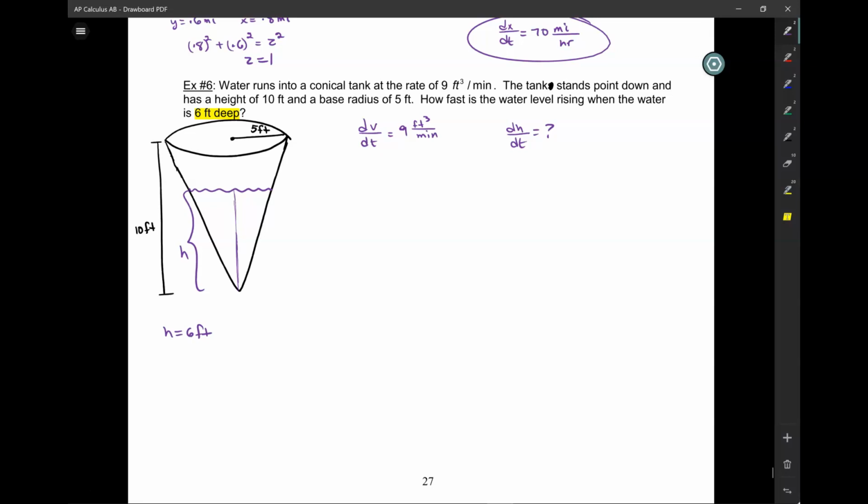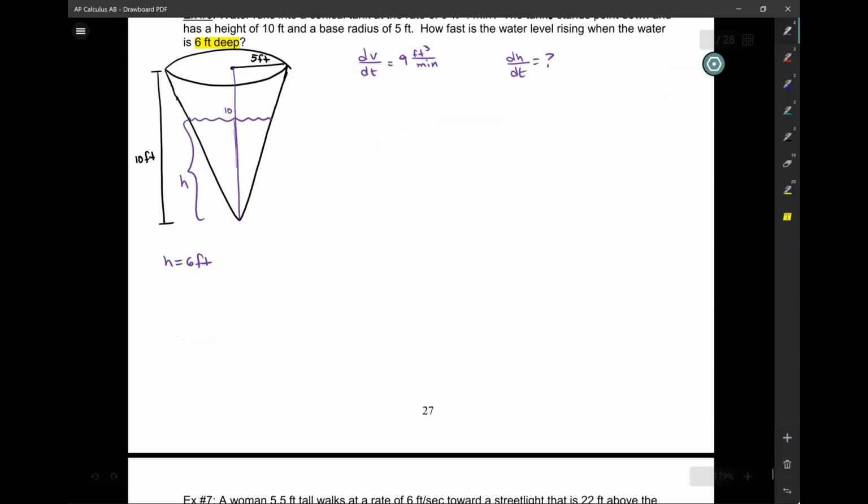Okay, so here's how we do this. You're always going to do this in the same way. So look at what I have here. This much, from the top to the bottom, we said is 10. Is that right? Now, this is happening when H is 6. If you take a look, we have proportional triangles.